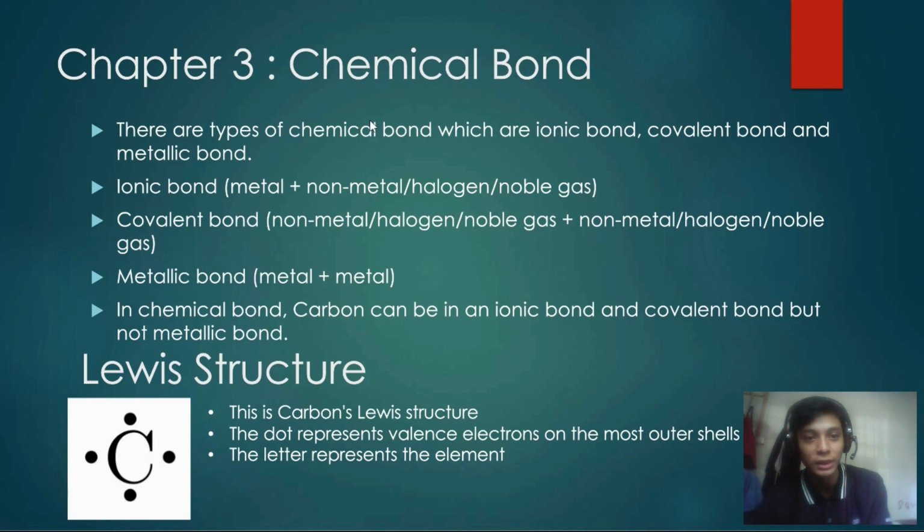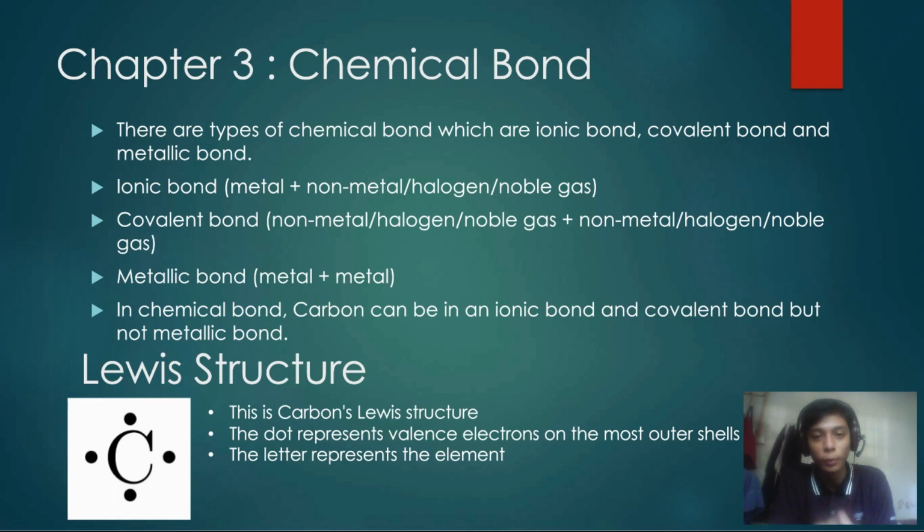So the next chapter is chapter 3, which is chemical bond. There are various types of chemical bond. First one is ionic bond, covalent bond, and metallic bond. Ionic bond consists of a metal that has bonded with a non-metal, halogen, or noble gas.